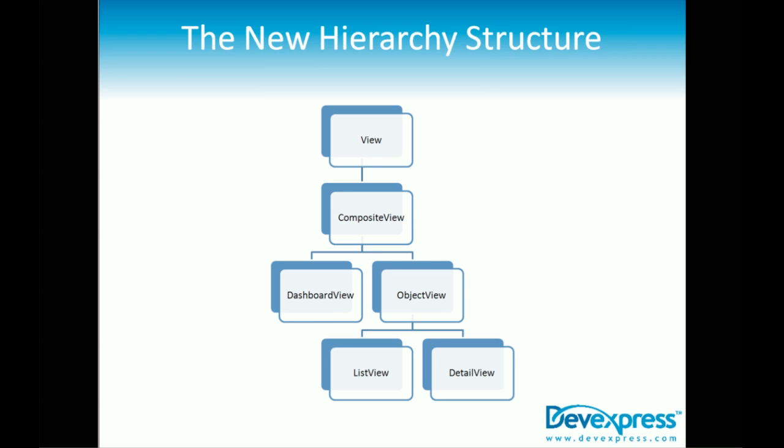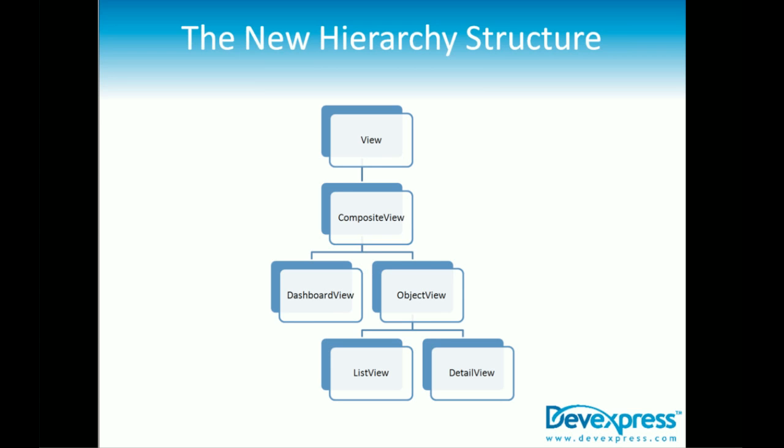Okay, so let's have a look at the new view hierarchy structure. This is what the hierarchy structure for views looks like in the 10.2 version, which is out just now. So at the top, we have the view, which is an abstract base class for classes which are responsible for representing data in views.